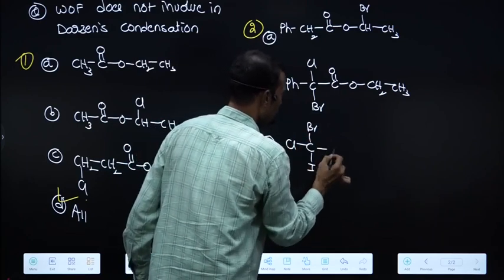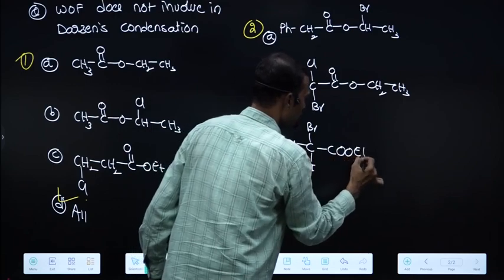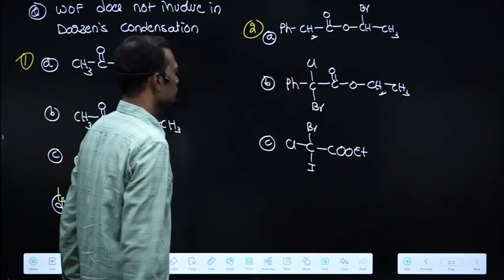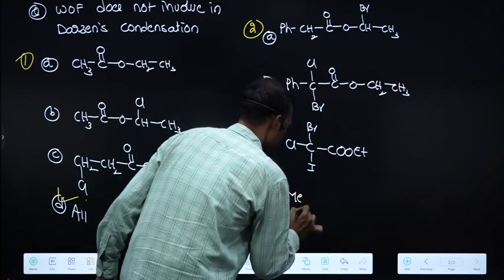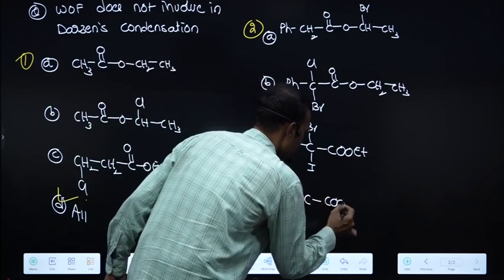Then chlorine, bromine, iodine, COOEt. Then trimethyl COOEt.